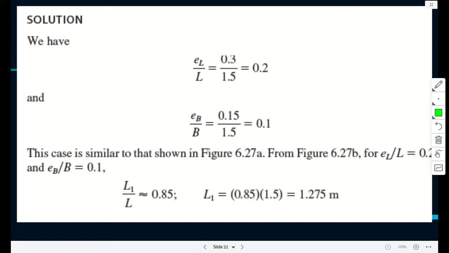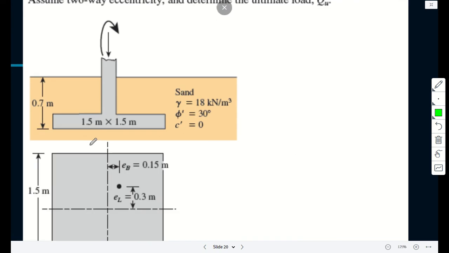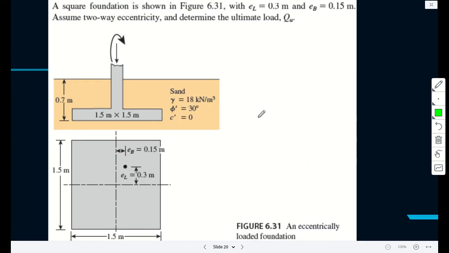So again, just to go slowly, if you have a question you're going to ask. So for a square foundation shown in the figure, the eccentricity E over L is 0.3 in the x direction, and in the y direction the eccentricity is 0.15.